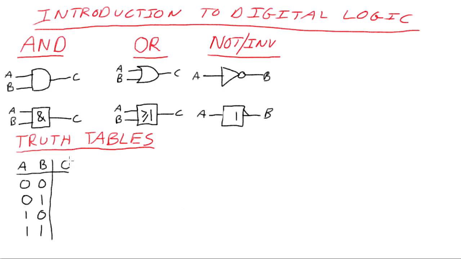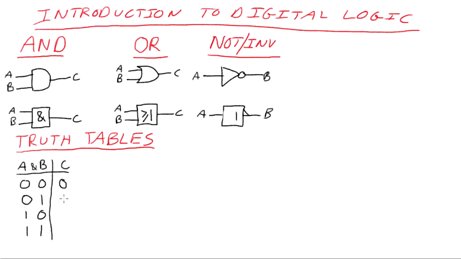And the output is a function of these two inputs here. So in this case, an AND gate, the output is true or 1 only if both A and, get it, A and B are 1. So according to that rule, are A and B 1?